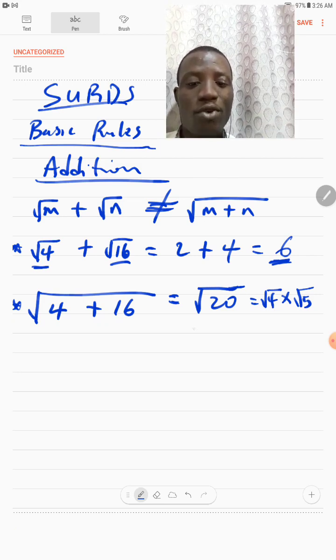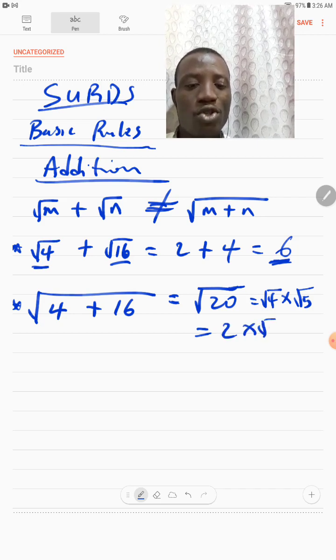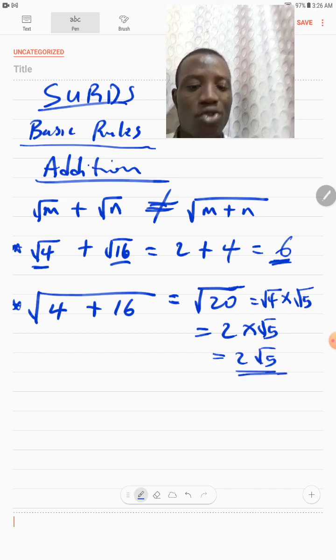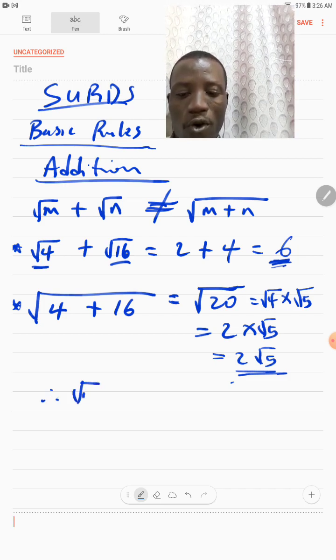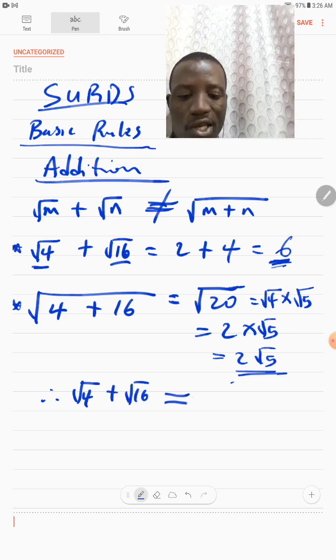And I know that root 4 is 2, and that will be times root 5. This will give me 2 root 5. And 2 root 5 is never equal to 6.